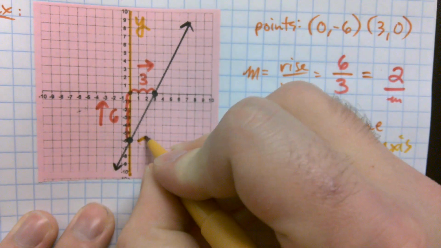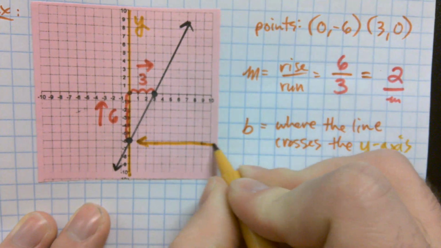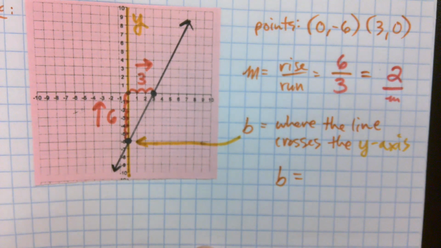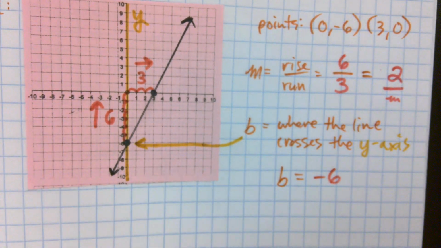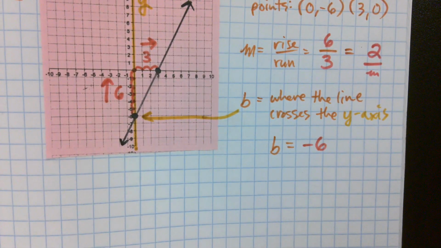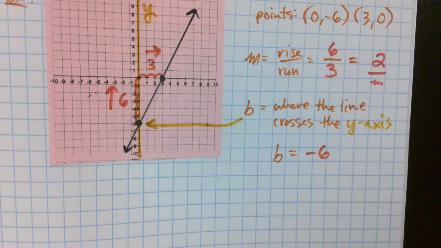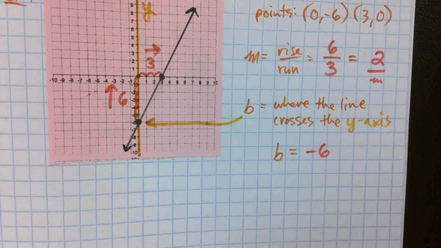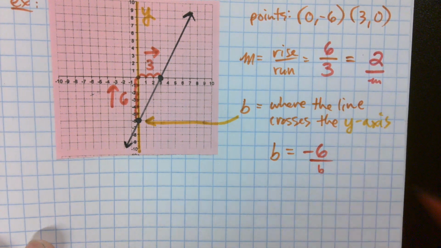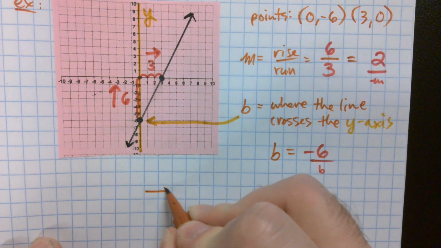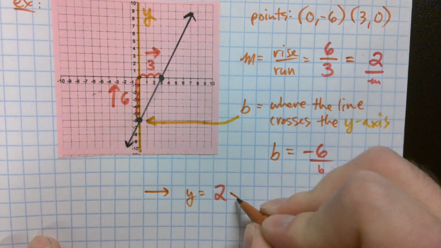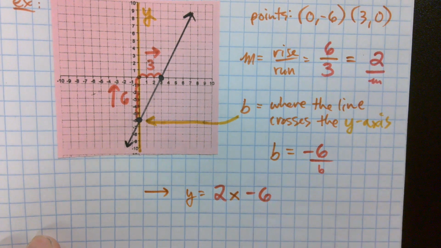At -6. So B is equal to -6. So my m is 2. My b is -6. We can write the equation. y is equal to 2x minus 6.